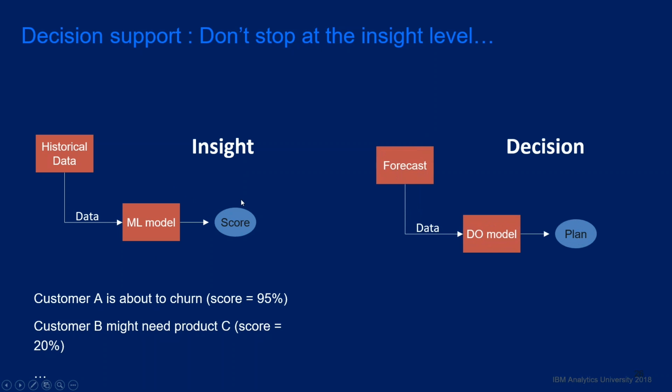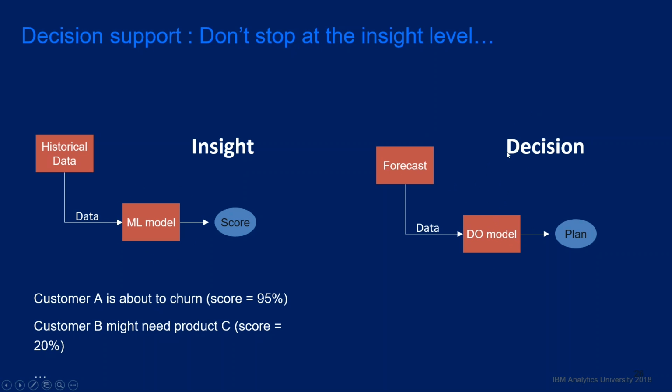In decision optimization, the problem is more complex. The forecast that you get from here is going to feed a decision optimization model to create a plan. You have to spend more time creating the model. You don't have the flexibility of these machine learning solvers. The solver is here, but we have to do some extra work to put in the constraints and the variables, to decide all these things.